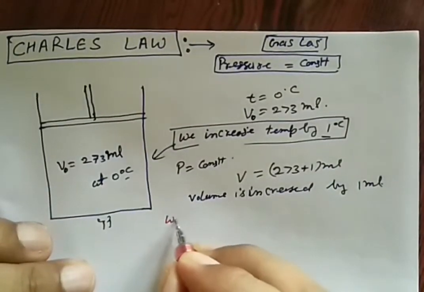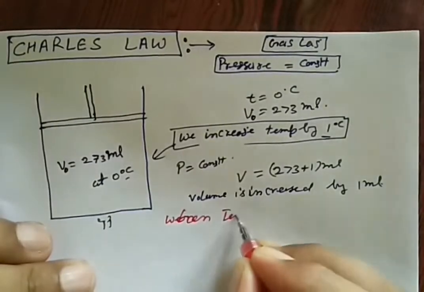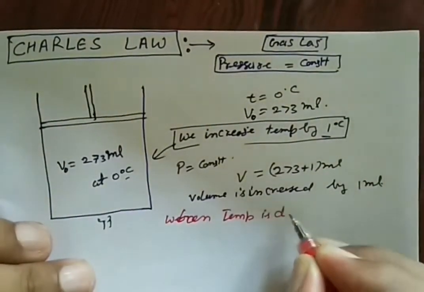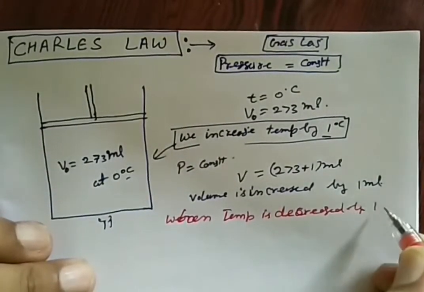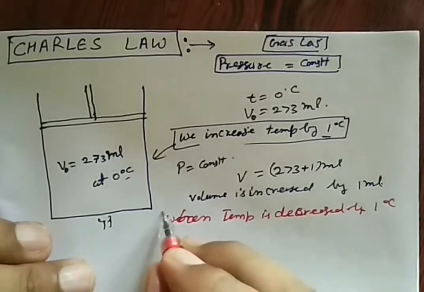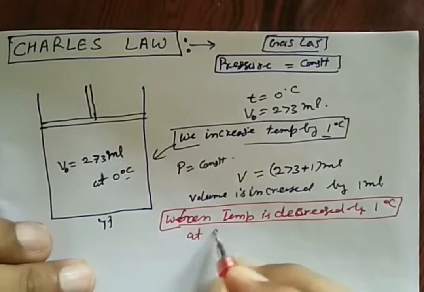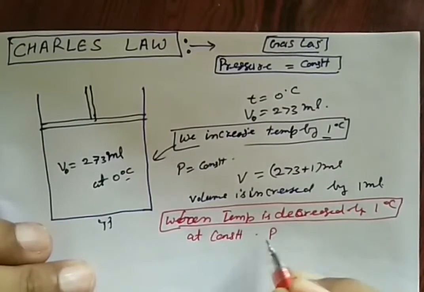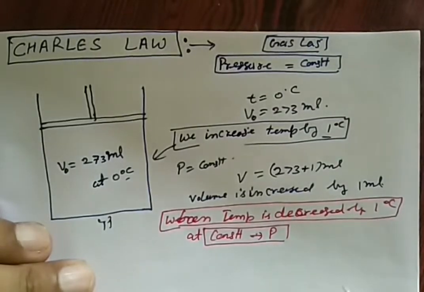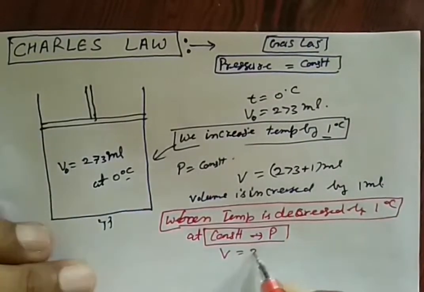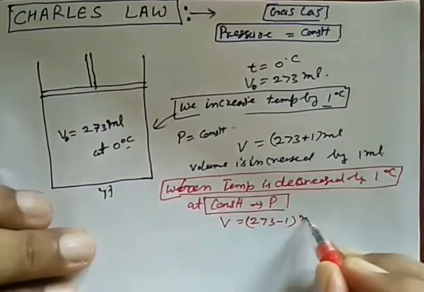When temperature is decreased by 1 degree Celsius at constant pressure, in the same situation, the volume becomes 273 minus 1 ml.